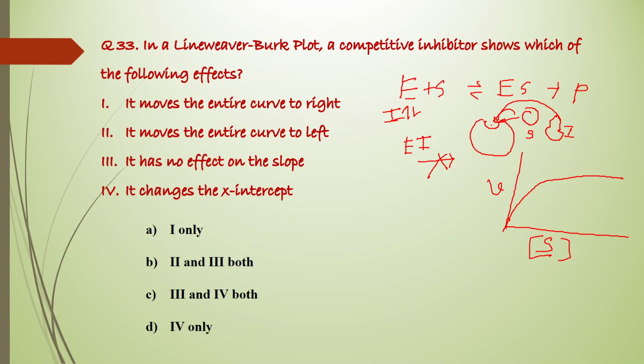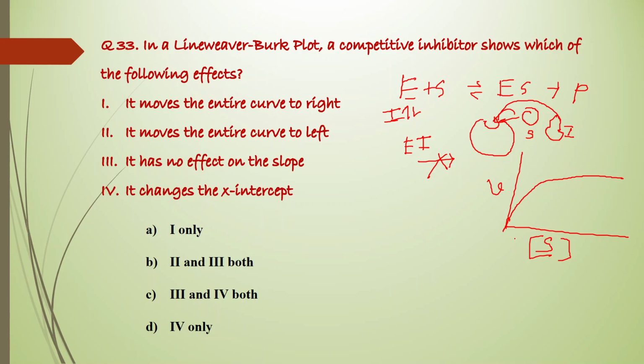They will not bind the enzyme together. Either one of them is going to bind. Now if the inhibitor takes the place, then the substrate can no longer come here. That means the overall rate of this reaction will decrease initially, because the substrate is not getting the entire active sites of the enzyme. Some are already blocked by the inhibitor.